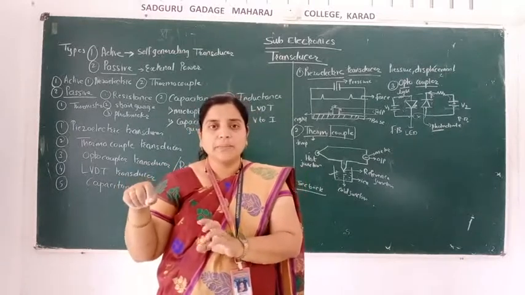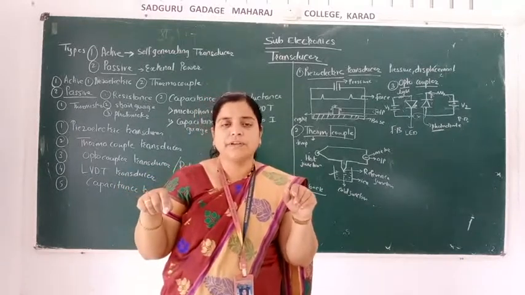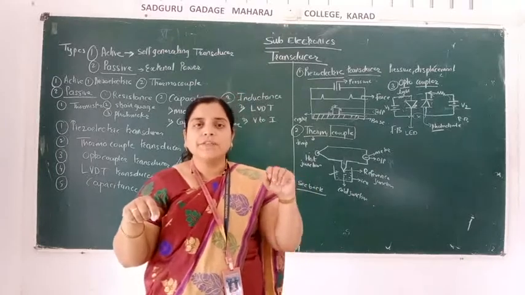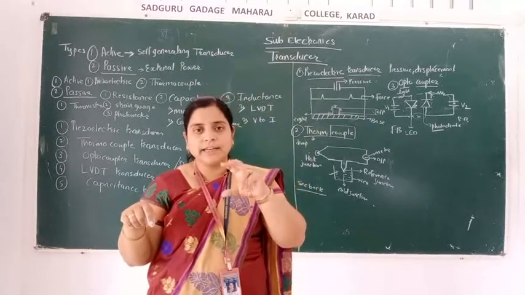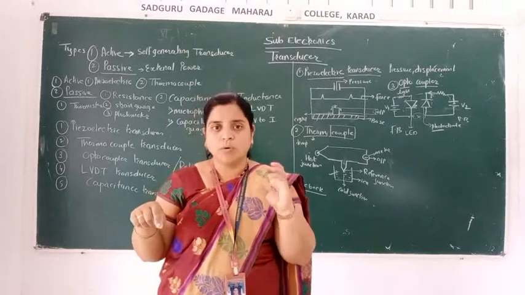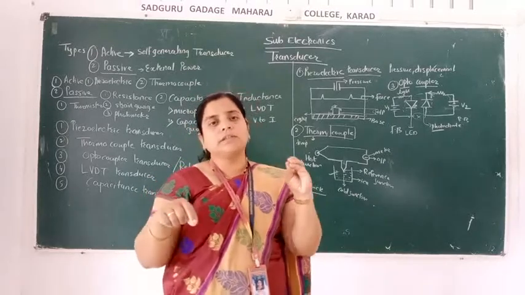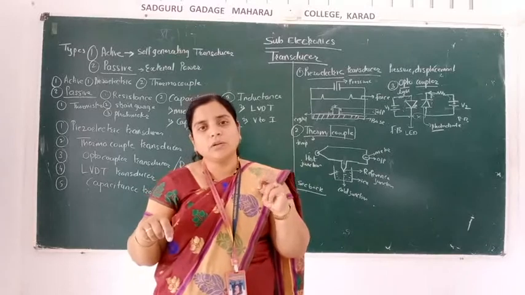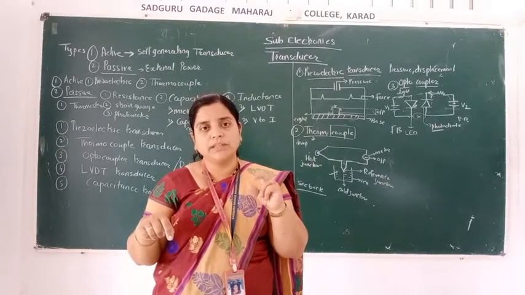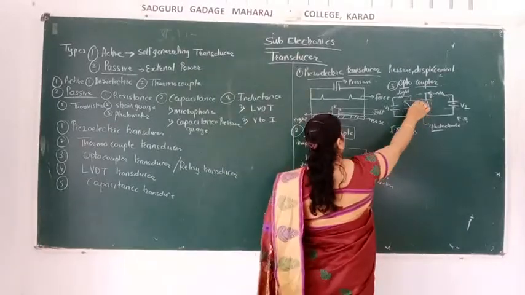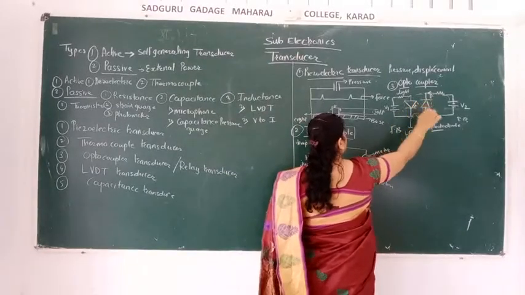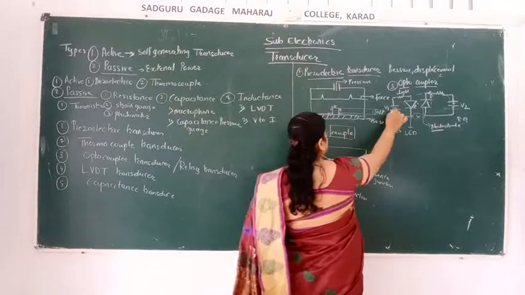That output depends on whatever input you are giving to the LED. If you give a larger supply, then the LED will glow more. If you give less supply, it will not glow as much; it will glow with less light. So if more light is to fall on the photodiode, you have to give the maximum supply.